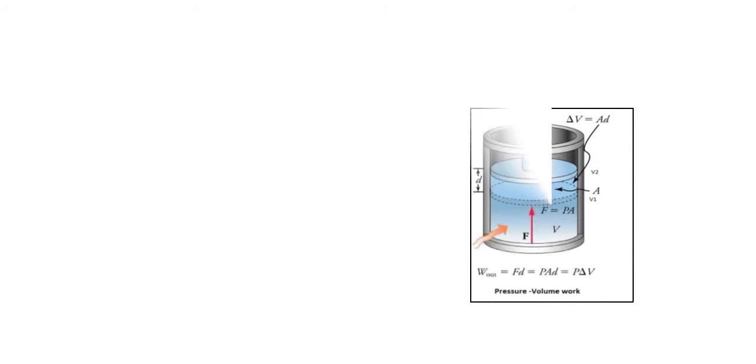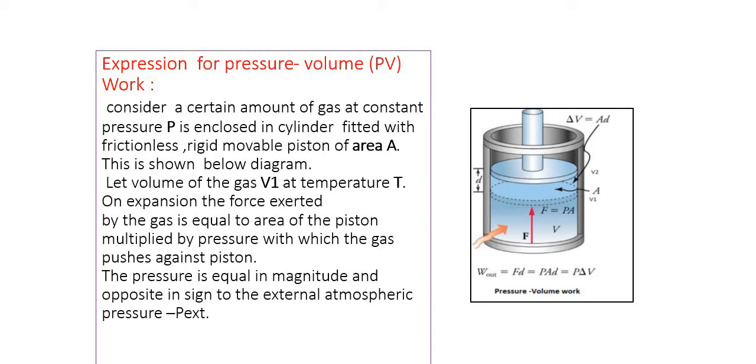So next we discuss the expression for pressure-volume work. The expression for PV work you can see in the diagram. Consider a certain amount of gas at constant pressure P enclosed in a cylinder fitted with a frictionless rigid movable piston of area A. You can see here in the diagram the piston fitted in the hollow cylinder.